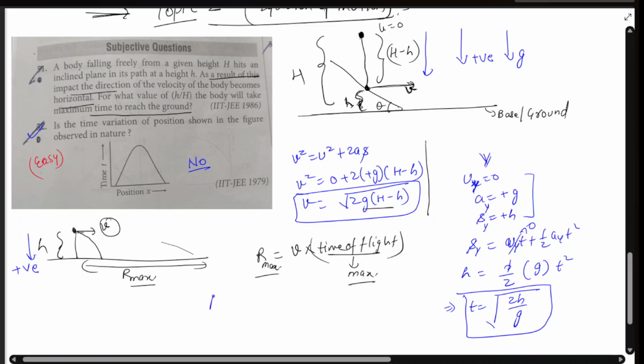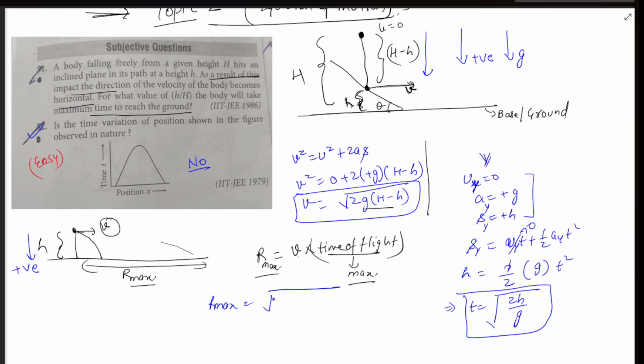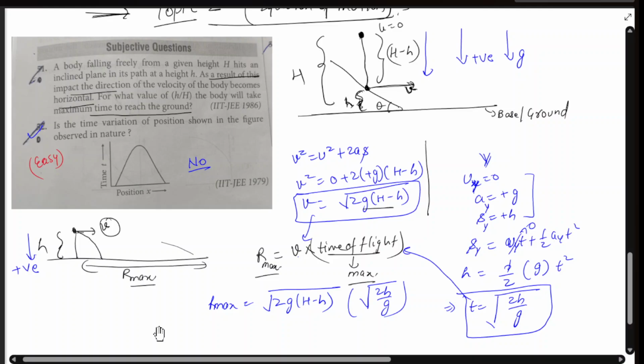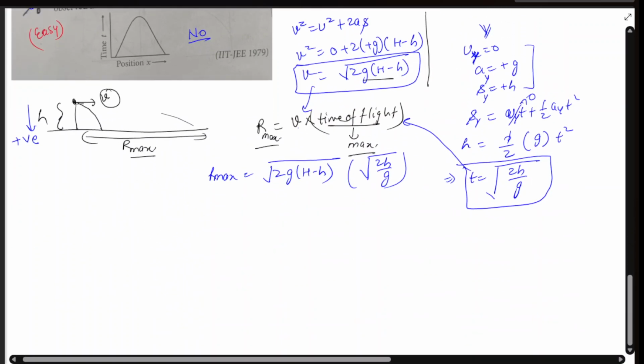So I can put it here. So R max will be, what was v? Root 2g(H minus h) into root 2h by g. I can put these two here. Okay, perfect. Now, what will be the R max?